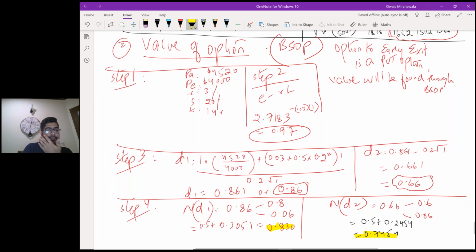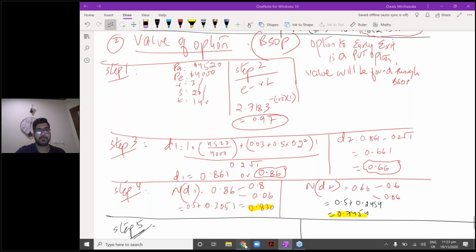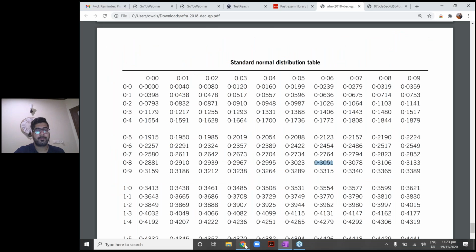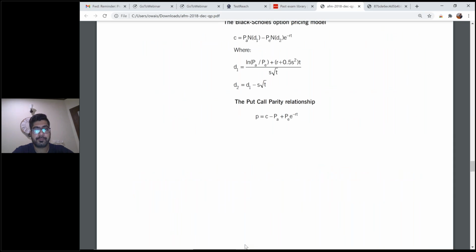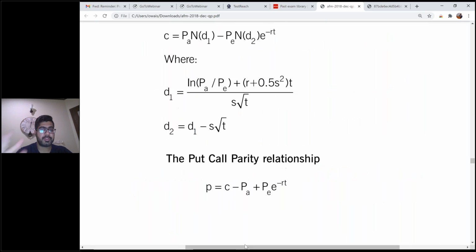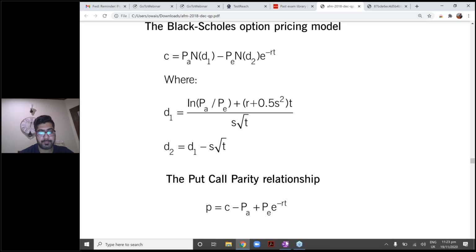And finally you need to go to step 5, find the value of call and put option. Now option to early exit is the put option, so you need the formula of put option. If you look at the formula of put option, put equals call, C minus PA plus PE into e to the power minus RT.